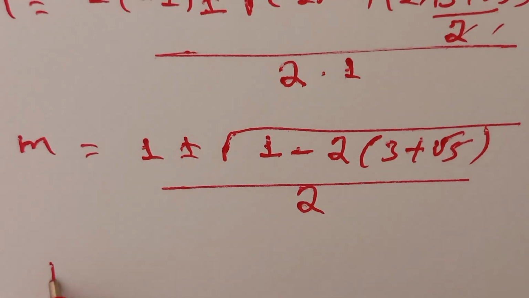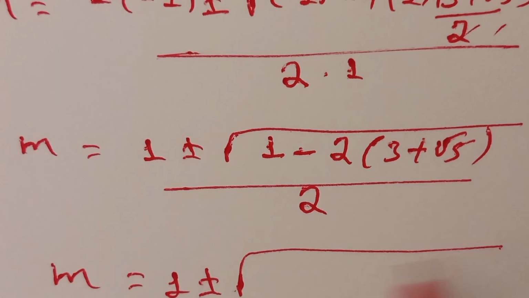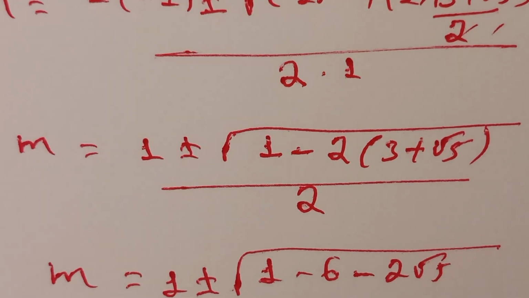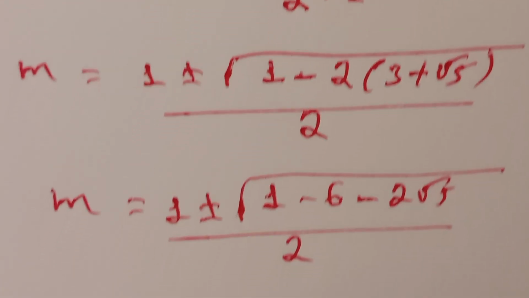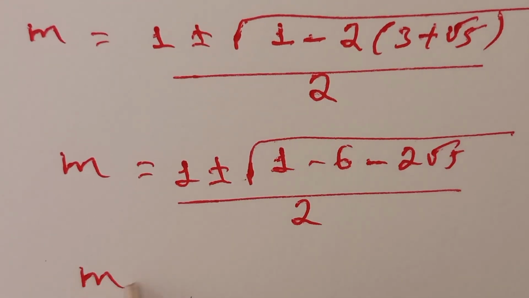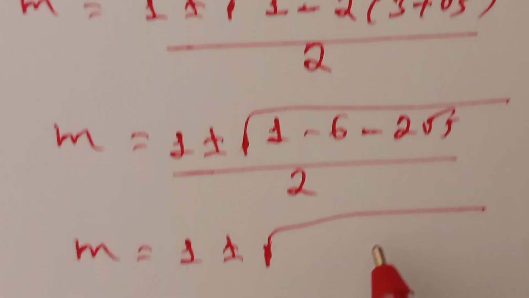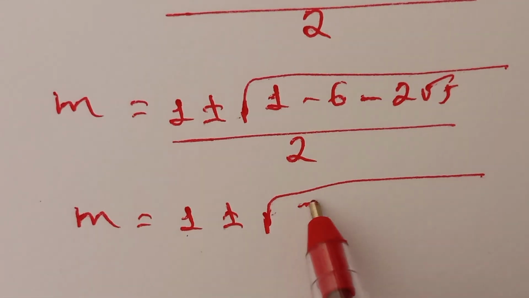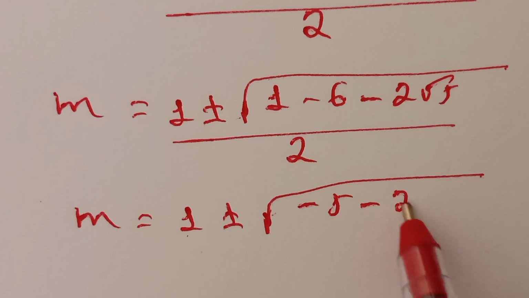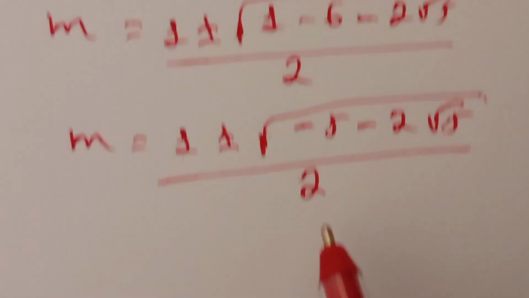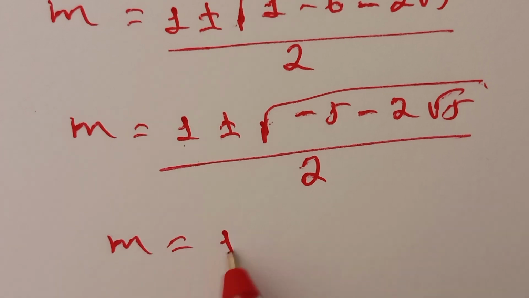So m is equal to 1 plus or minus the radical of 1 minus 6 minus 2 root 5 over 2. This is the same as m equal to 1 plus or minus the radical of minus 5 minus 2 root 5, over 2.